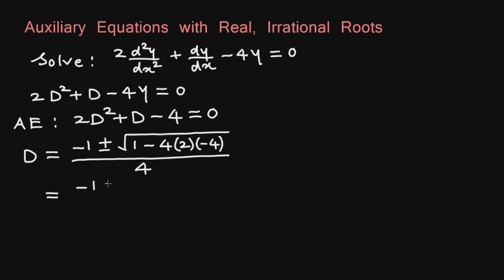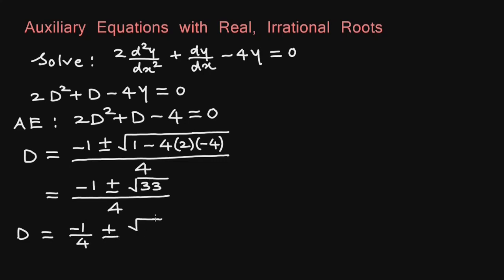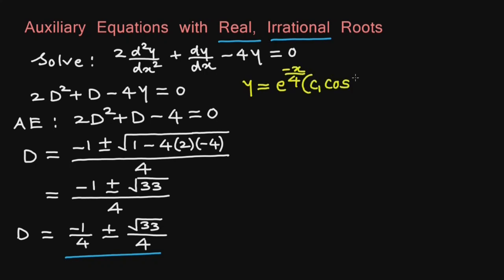It is minus 1 plus minus square root 33 upon 4. So D is minus 1 upon 4 plus minus root 33 upon 4. These roots are of the type real irrational. So the solution will be y equals e raised to minus x upon 4 into c1 cos h root 33 upon 4 x plus c2 sin h root 33 upon 4 x.